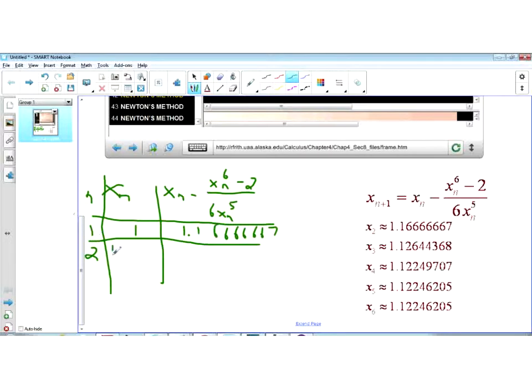Okay, so you filled in this first row. Now you plug in 2, and x sub 2 is 1.166666667, and you feed it into the formula, and you'll get 1.126444368.